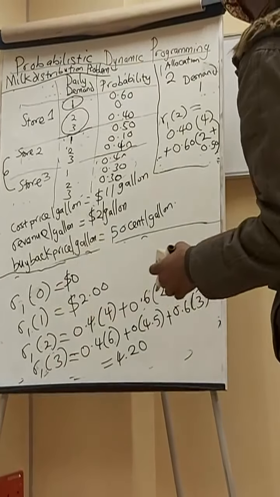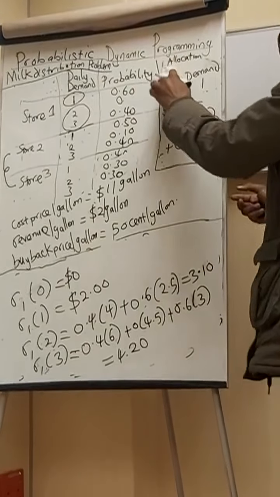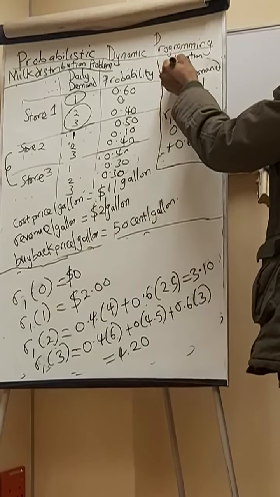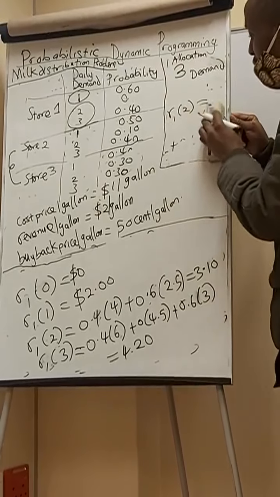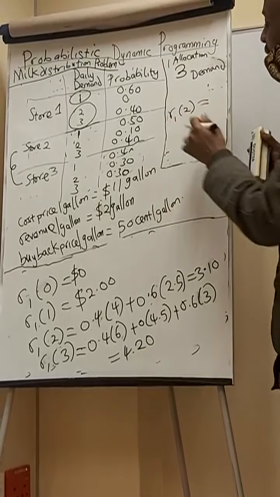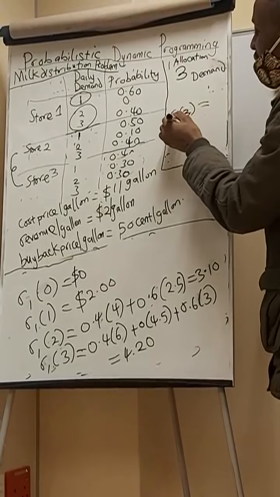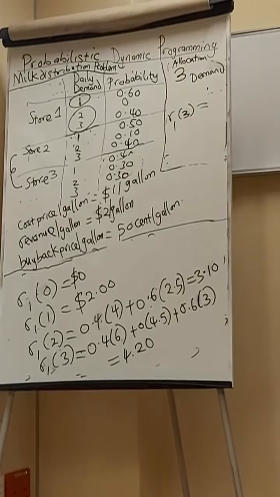How about if you allocate 3 gallons of milk to store 1? Let me show you the expression of how I got that.